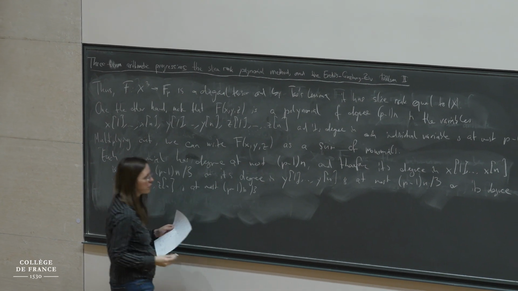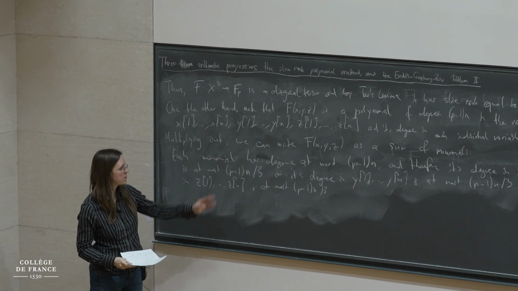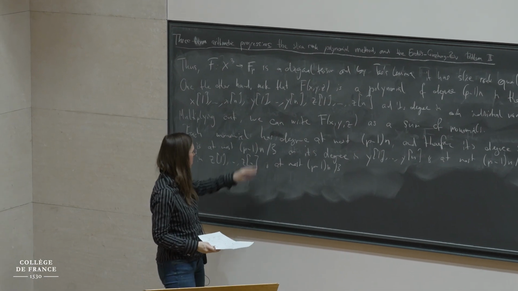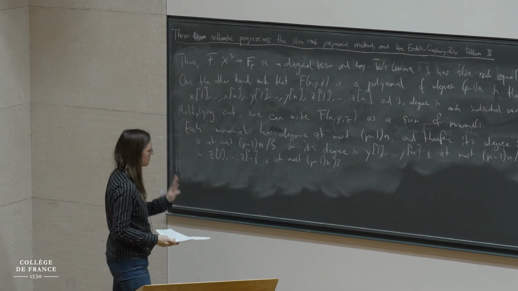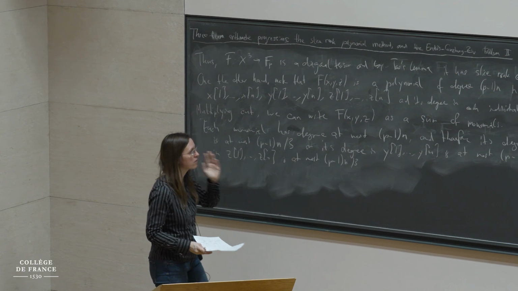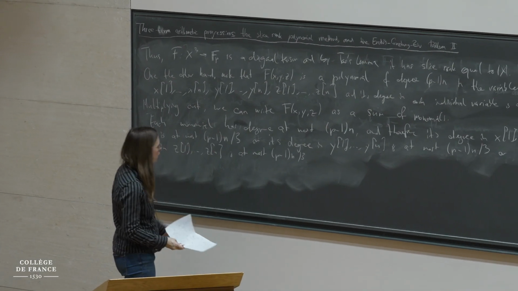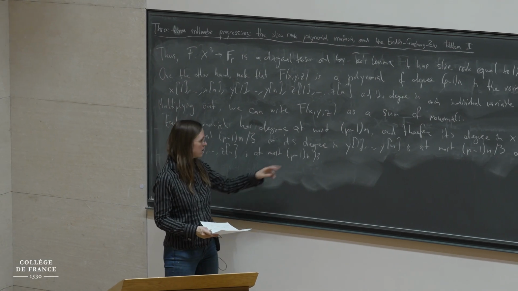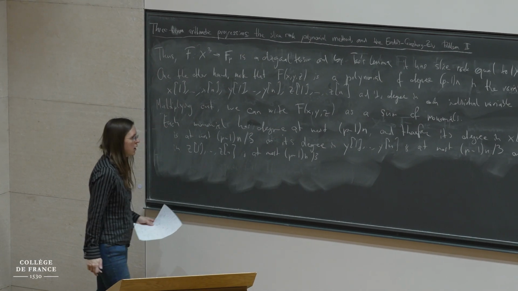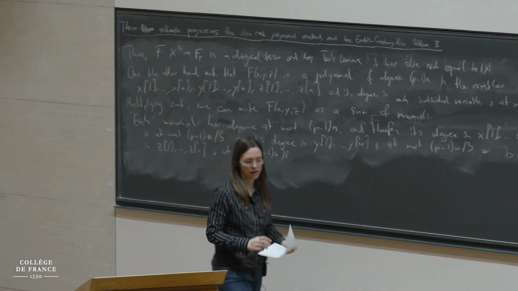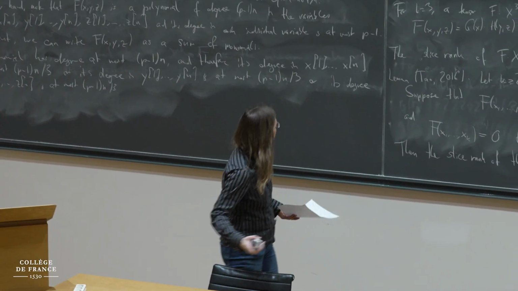So we can split the monomials into three groups, where in the first group the x degree is at most p minus 1 times n thirds, in the second group the y degree is at most p minus 1 times n thirds, in the third group the z degree is at most p minus 1 times n thirds.